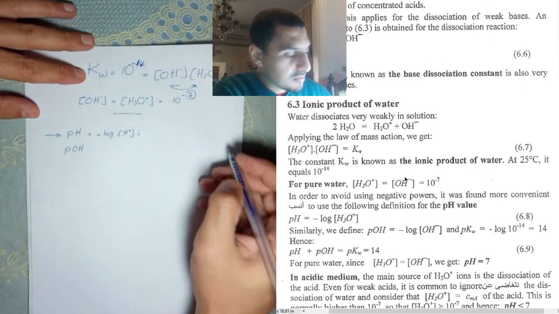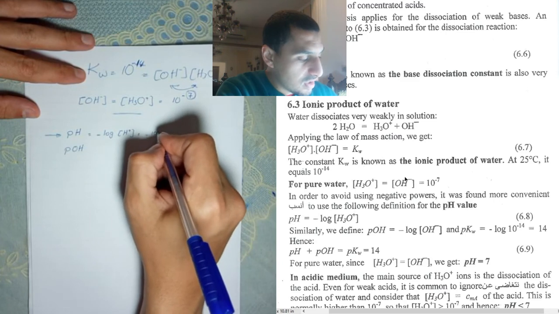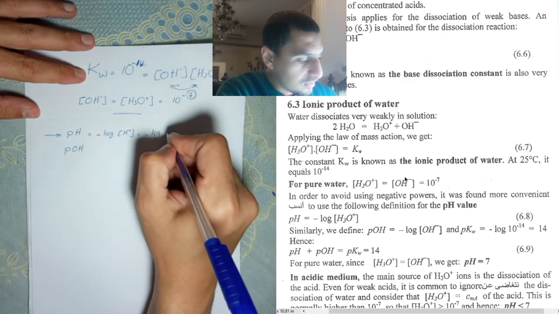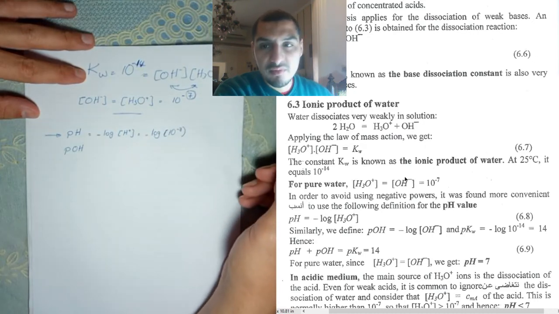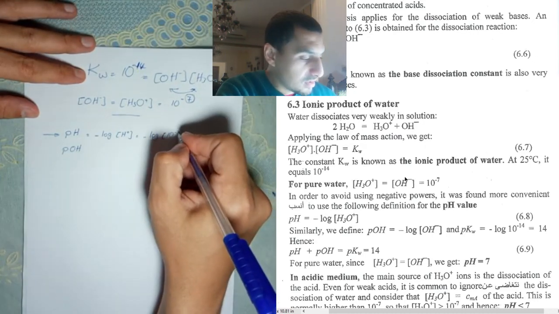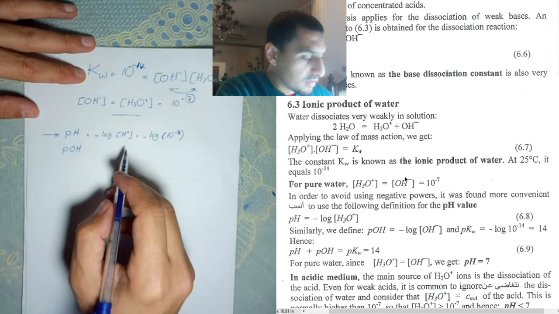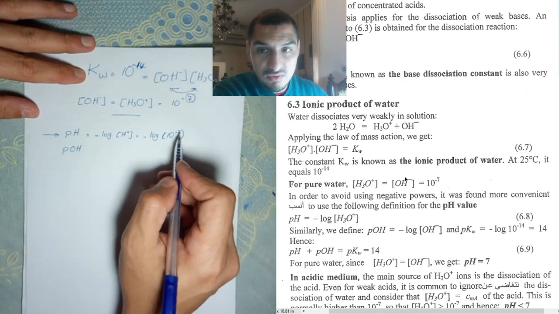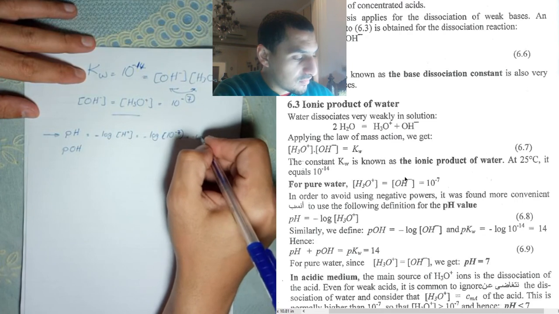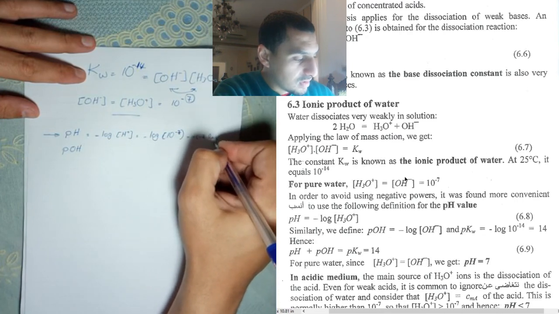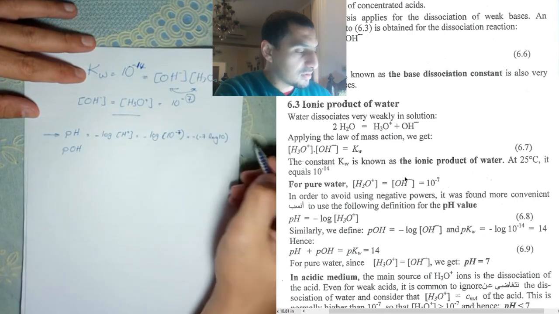Why did we do that? Because when you take the negative log of 10 to the minus 7, from mathematics we know that if we have the log of 10 to the something, then we take the power outside. So it's going to be negative 7 log 10, and log 10 is 1.